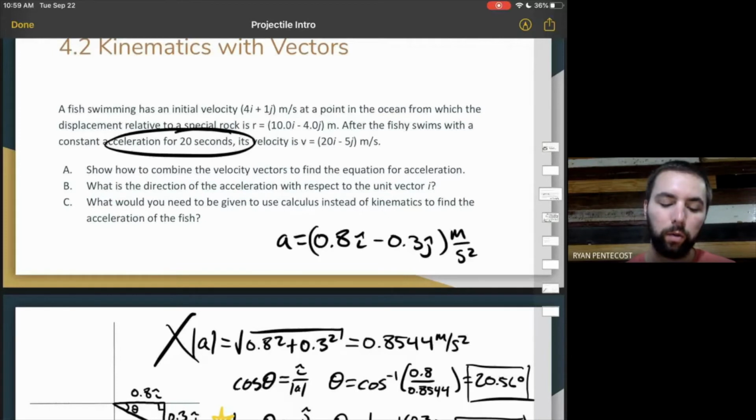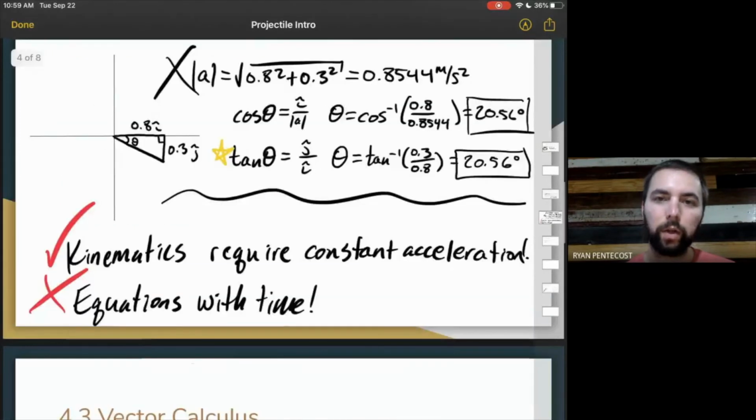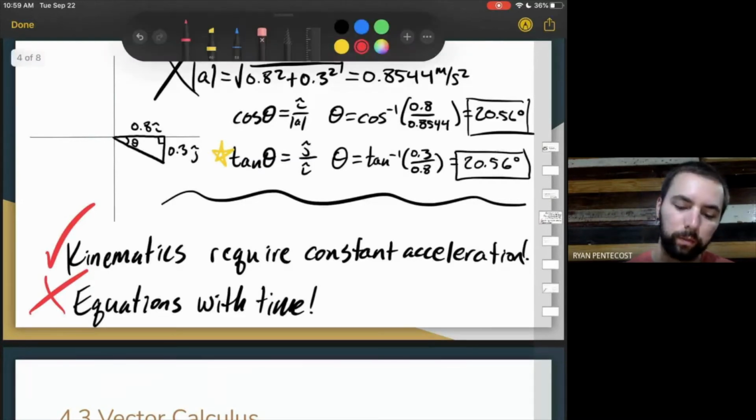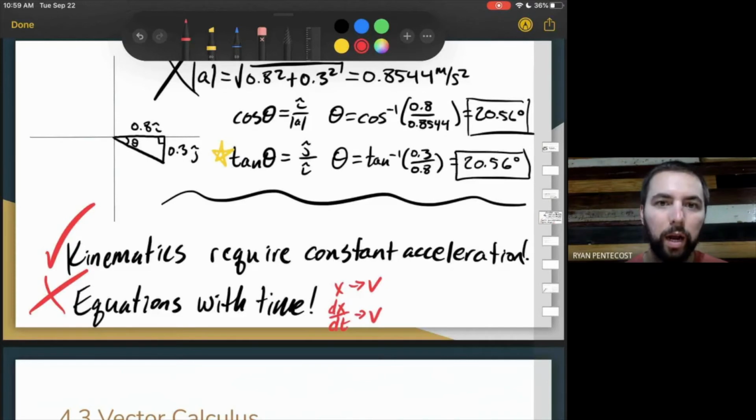So with no time in any of those equations, you can't use calculus, because calculus, if you want to go from x to velocity, you would take the derivative of x with respect to time to get velocity. If there's no time and you take the derivative of it, you're just taking derivative of constants to go to 0.